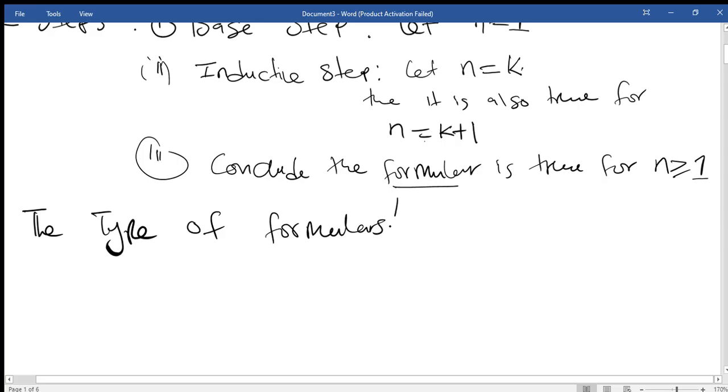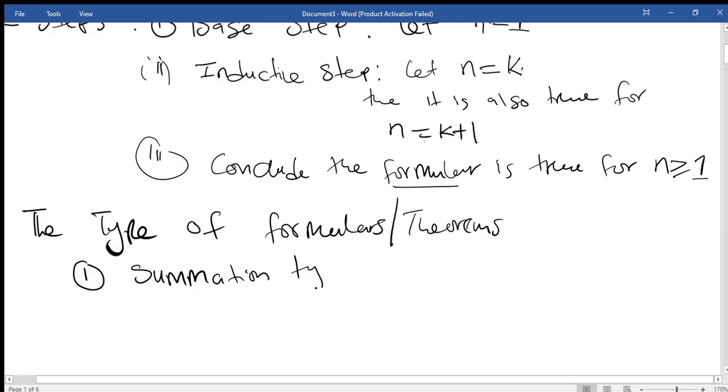Number 1, the summation types, which is what we did in the video last time. Then number 2, we'll be looking at the inequality types.